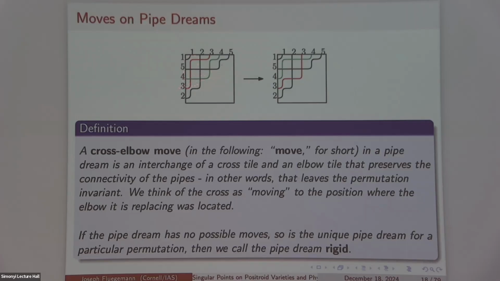I've highlighted in green and red, very appropriate for this season. When you have a cross between two pipes, and then you have this so-called near miss, you can switch the cross and the near miss, and you get another pipe dream that gives you the same permutation.